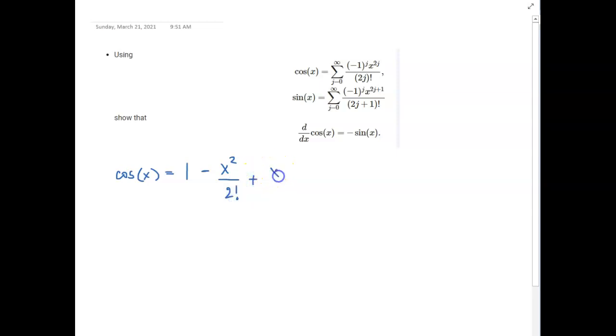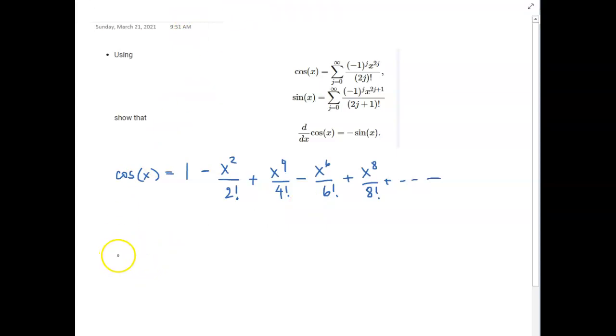Then you're gonna get plus x to the 4 over 4 factorial, minus x to the 6 over 6 factorial, x to the 8 over 8 factorial, and so on. Okay, so this is the series for cosine. So it's basically all the even powers over the same factorial as the power, and they alternate in sign.